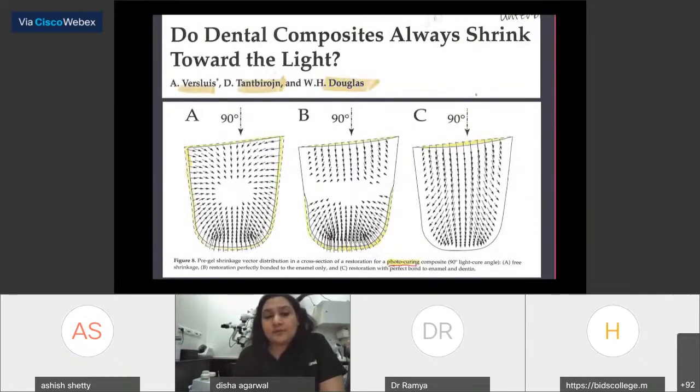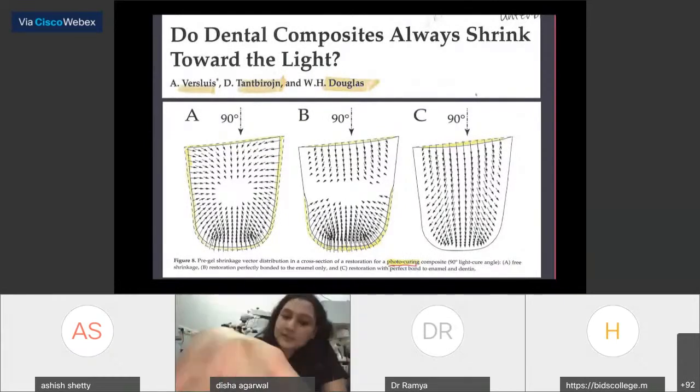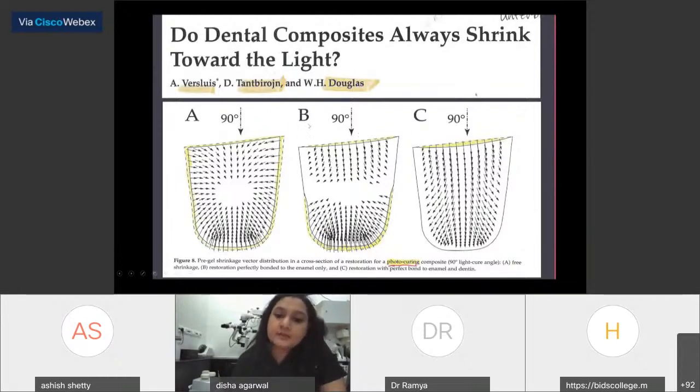So why was this always said, that when you put in the light, it moves towards the light? That is because when we put in the light, the deeper sections of a cavity do not get as much light strength as the top of your tooth prep. So this area starts to develop a bond much faster than the area at the bottom.